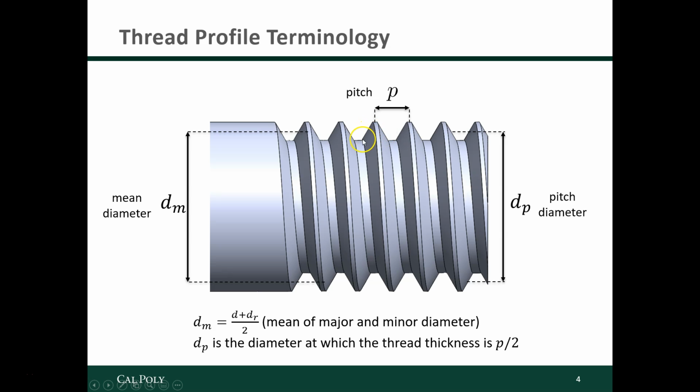You can see how that thickness changes. At the root here, it's a lot thicker than here at the crest. So distinct ideas, but often numerically equal.